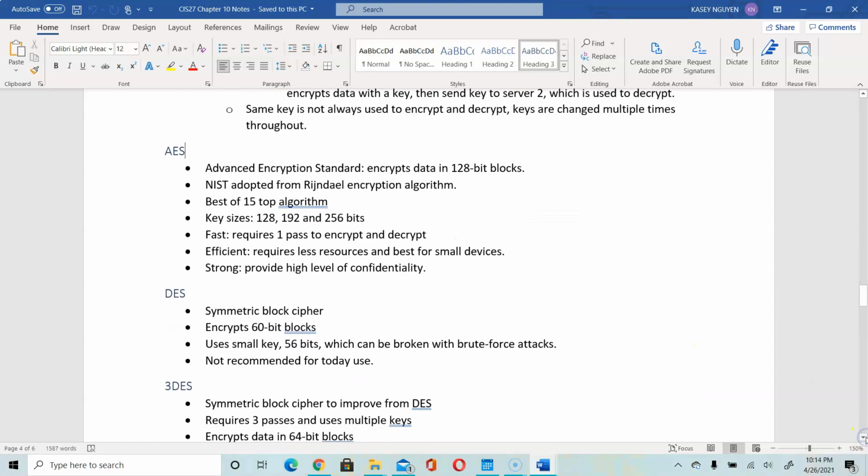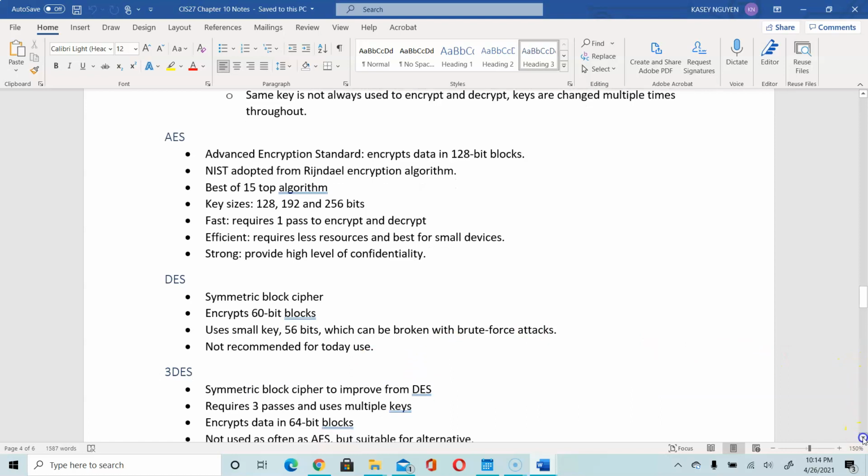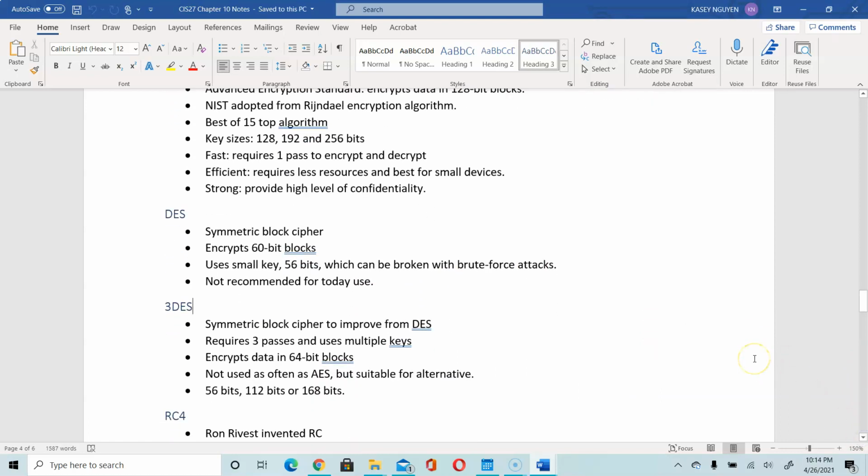DES is also another symmetric block cipher. It encrypts 64-bit blocks. It uses a small key, such as 56 bits. This can be broken using brute force. It's not recommended for use today. Triple DES, a symmetric block cipher, was an improved version of DES.